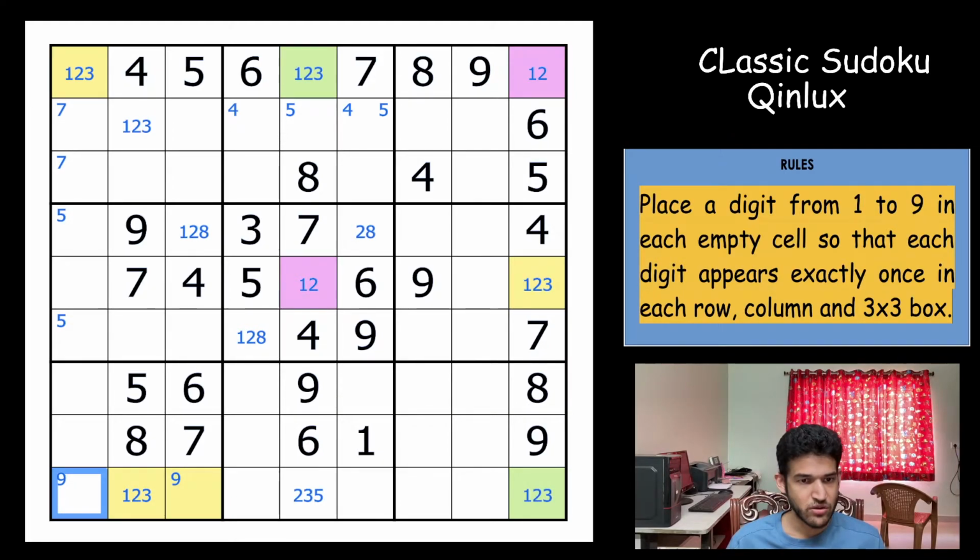Now, how do we go about this? I know that the green has to be in one of these two cells, but it's not taking me anywhere. So if only I could deduce what this cell could be. It could either be the green or the pink. We're not sure yet.